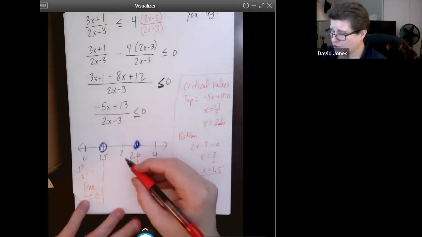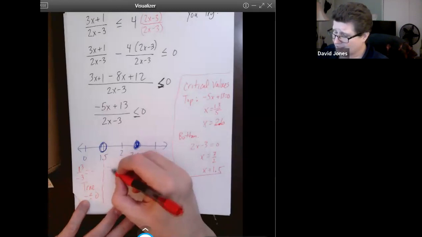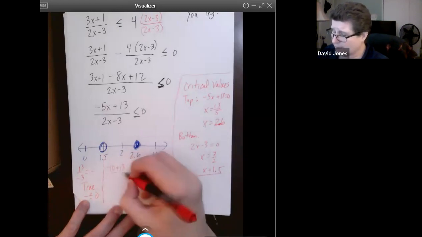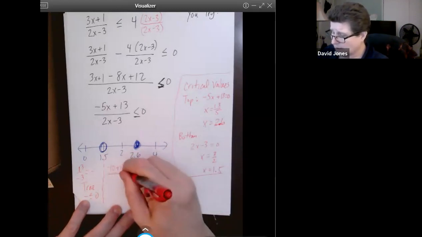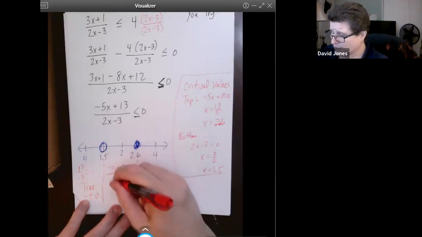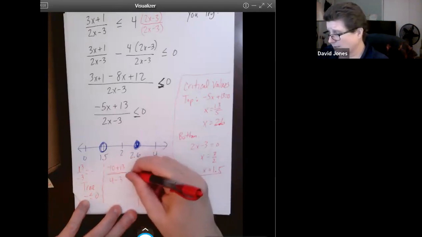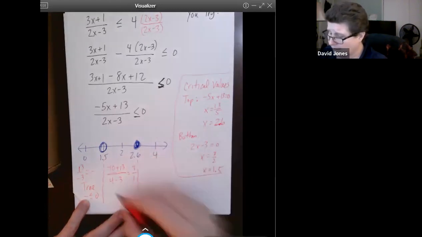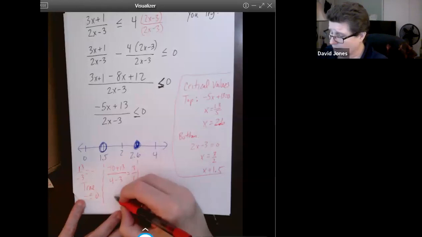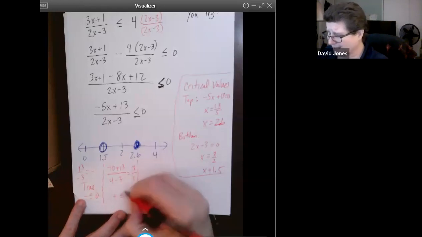If I plug in 2, I've got negative 10 plus 13 on top, 4 minus 3 on bottom. 13 minus 10 is 3. 4 minus 3 is 1. That's a positive number. Positive numbers are not less than or equal to 0. That's false.